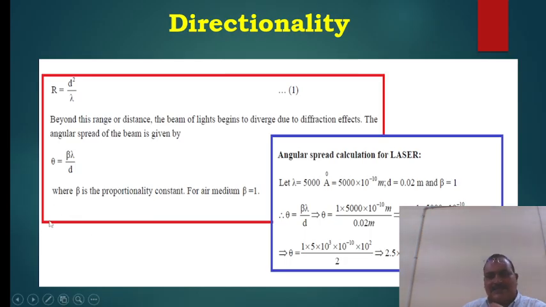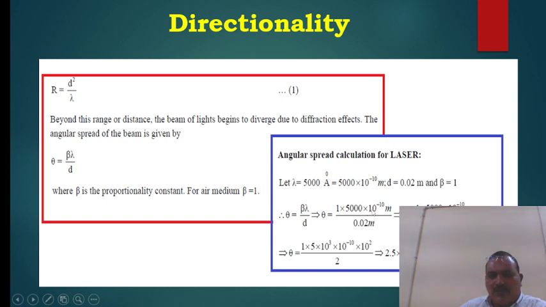Now, how do these relations confirm high directionality? I have made an example here. Let lambda be 5000 angstrom, that is 5000 times 10 to the minus 10 meter. The size of the aperture d is 0.02 meter, and beta equal to 1 since air is the medium. So what will be the angular spread of your laser light? That is beta lambda by d.